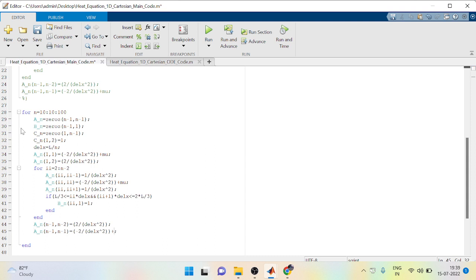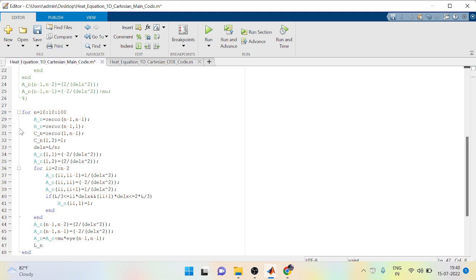I think I can do something. I can remove all these mu's and I can just add A equals A_n plus mu star I. So combine this one, right? Okay.